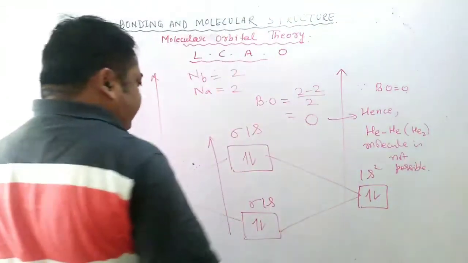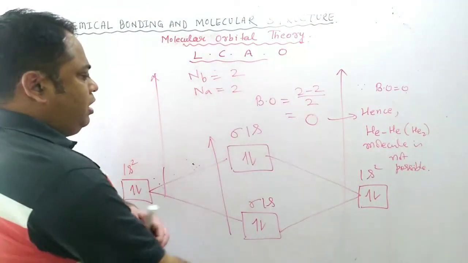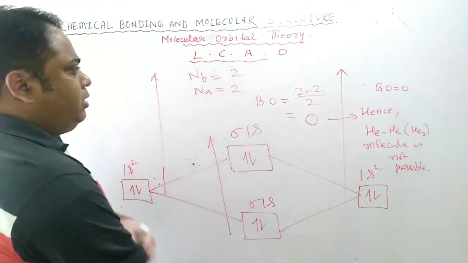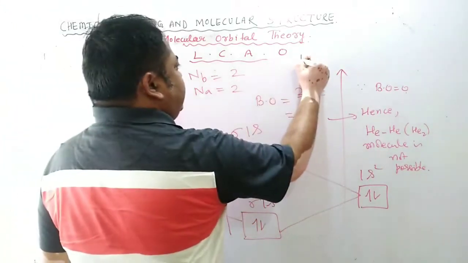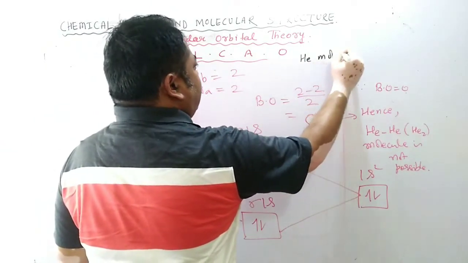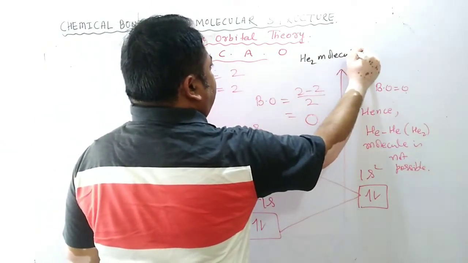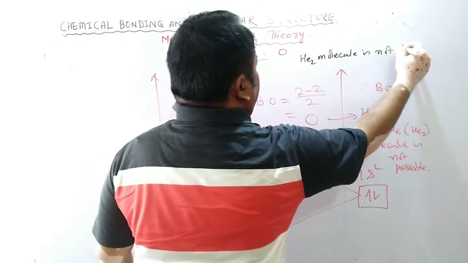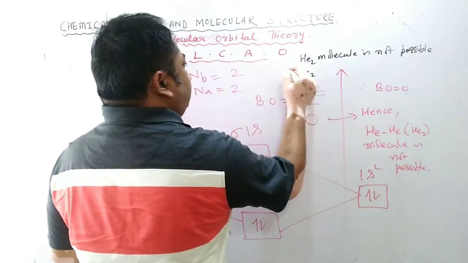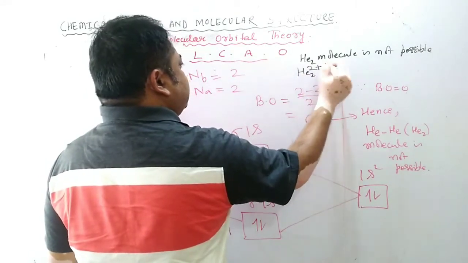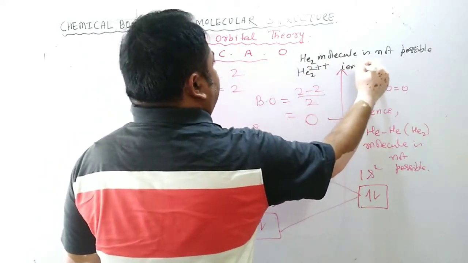But what if I take out these two electrons? If I take out these two electrons, then what will be formed? Then we will be forming the He2 plus ion. So the He2 molecule is not possible, but the He2 2 plus ion is possible.